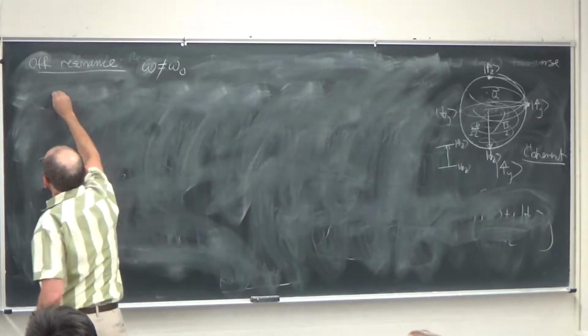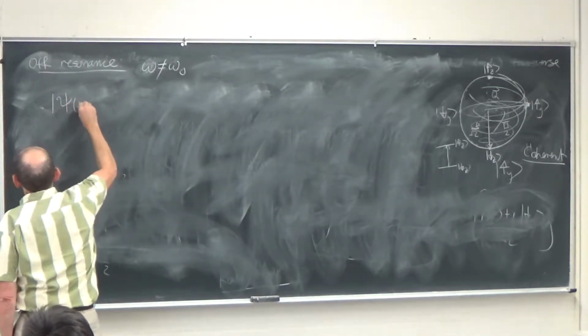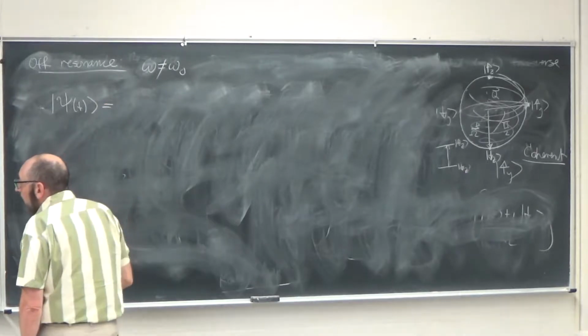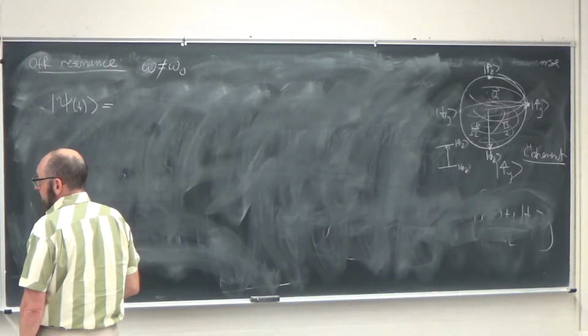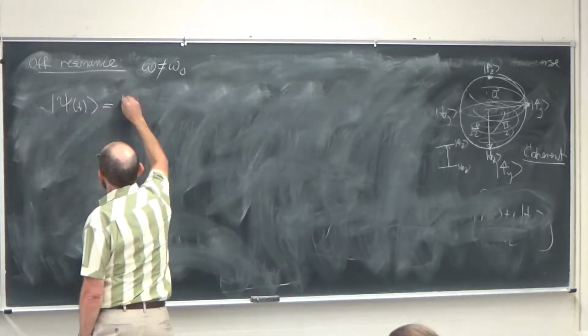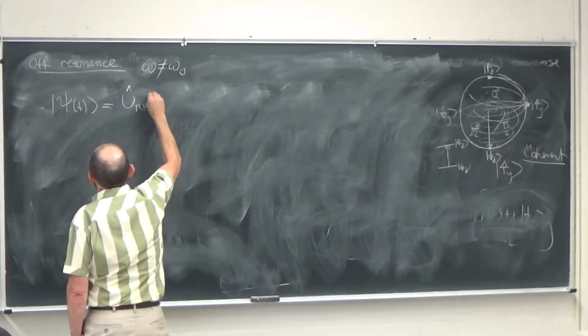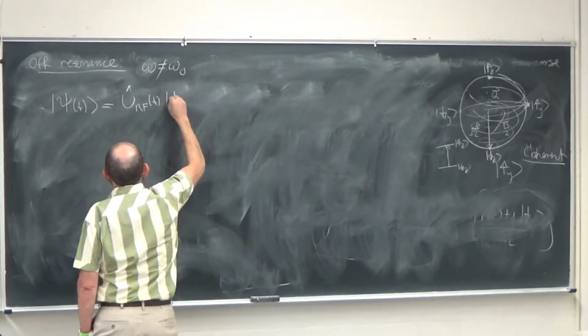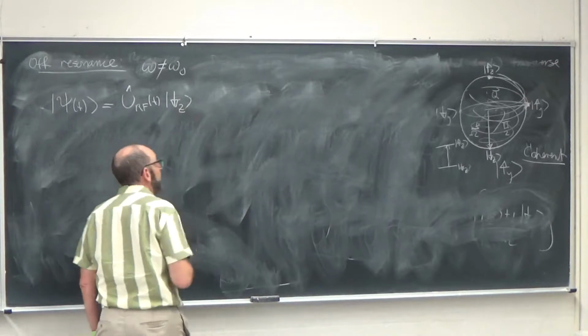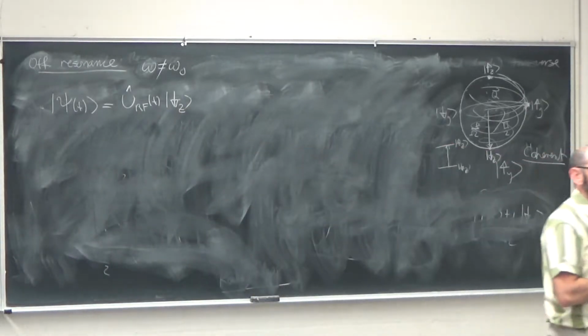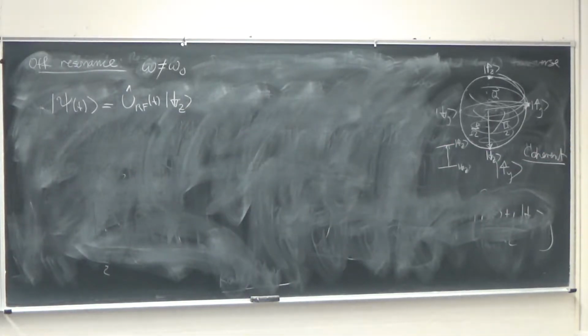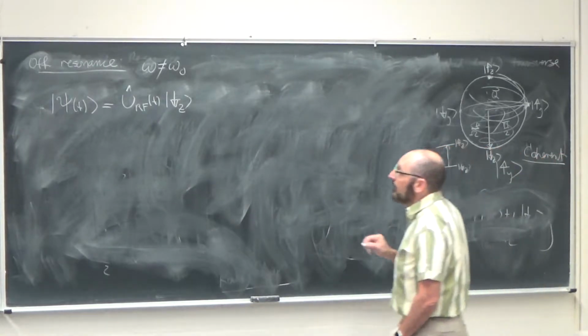And so if I were to ask now, what is the state at a later time? Well, what's that going to be? I have to apply this time evolution operator to the initial state. Again, let's take that to be the south pole.